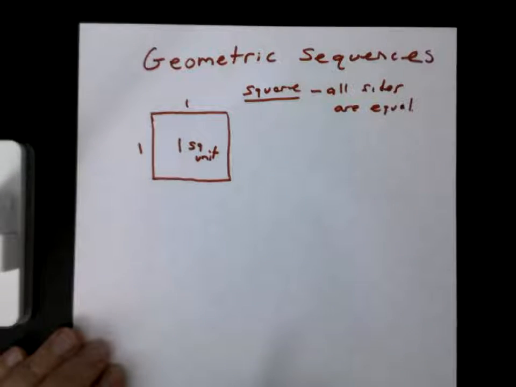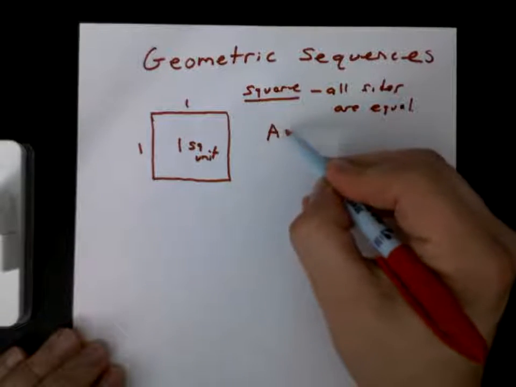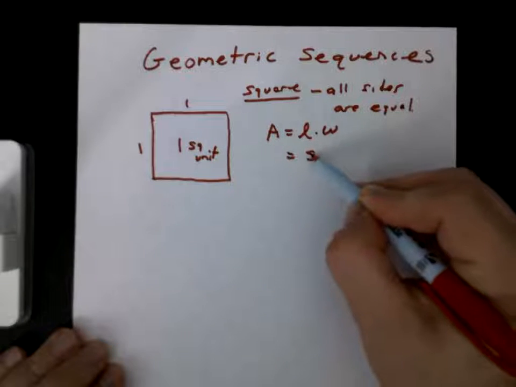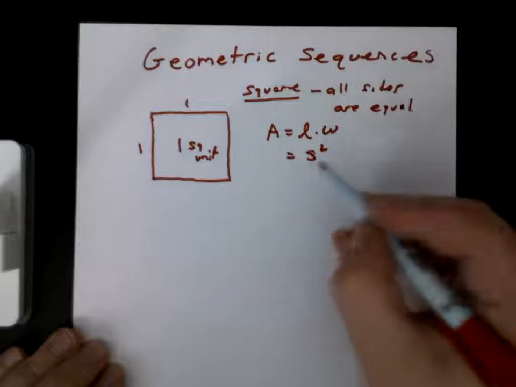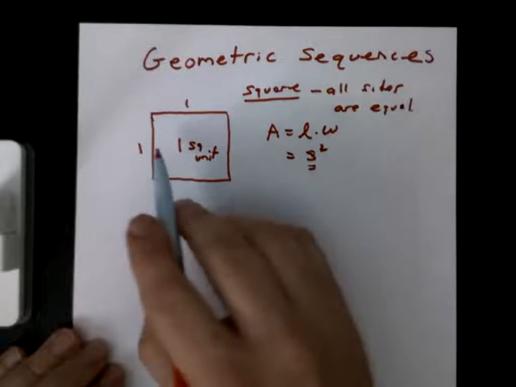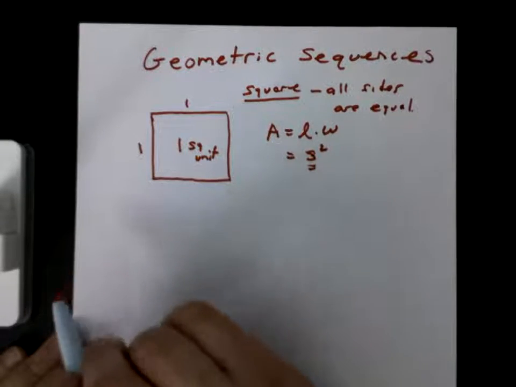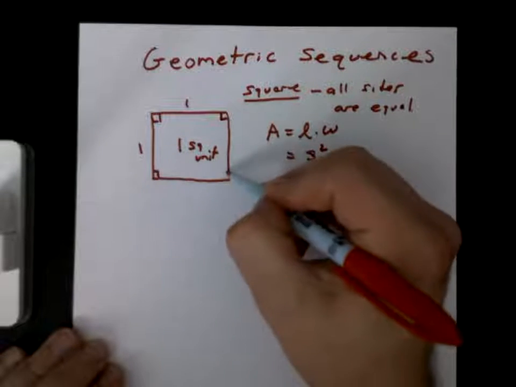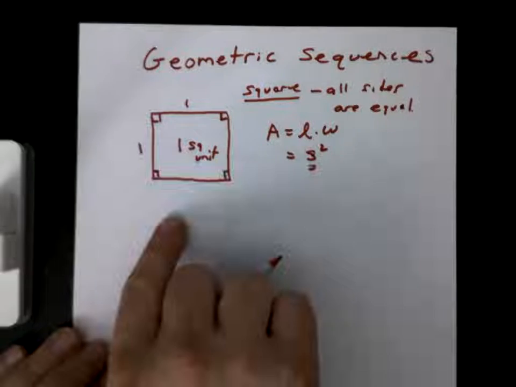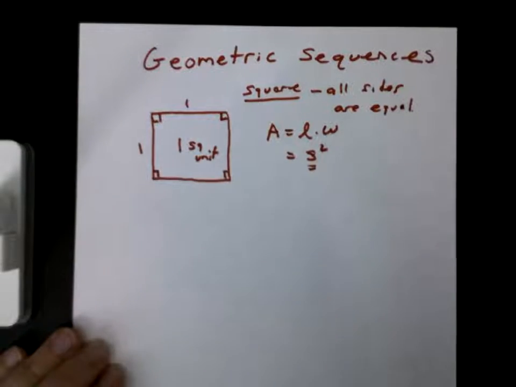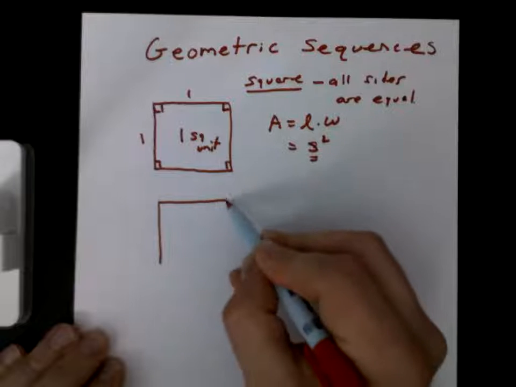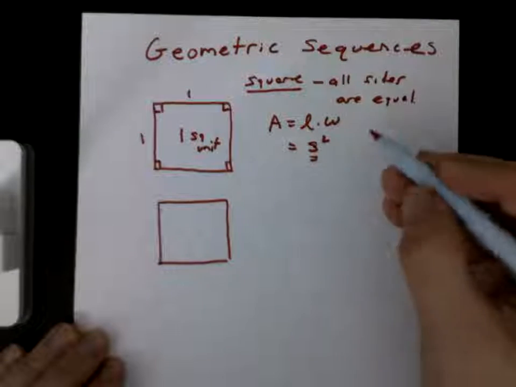The area of a square is length times width, sometimes seen as s squared, where s can be any value. The definition of a square is that all these angles are 90 degrees, and 1 times 1 is 1.